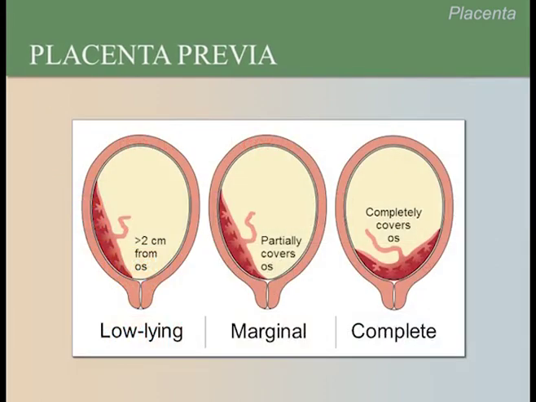These illustrations show the difference between the 3 types. Here you can see that the complete previa covers the entire os, whereas the marginal previa covers only a part of the os, and the low-lying is less than 2 centimeters away from the os.